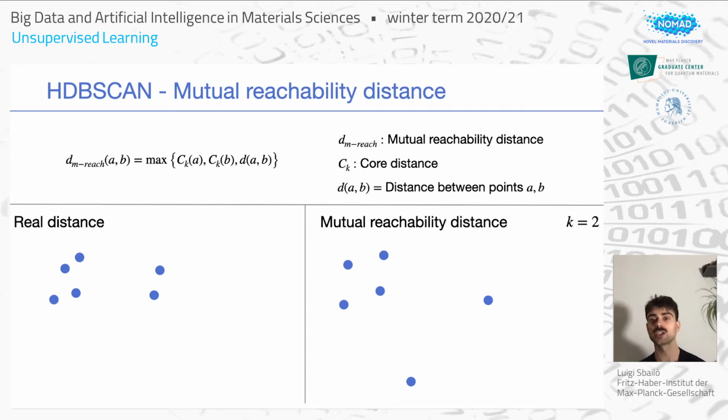So the effect of using a mutual reachability distance is that it facilitates the detection of noise and makes noise more evident. It avoids that points that are close to each other, but just a few of them, a bunch of them, might by mistake be detected as a cluster. So you fix this k, and it avoids a group with fewer than k points being labeled as a cluster, while instead we see it as noise.